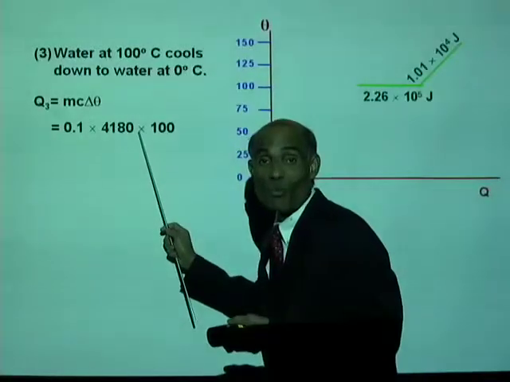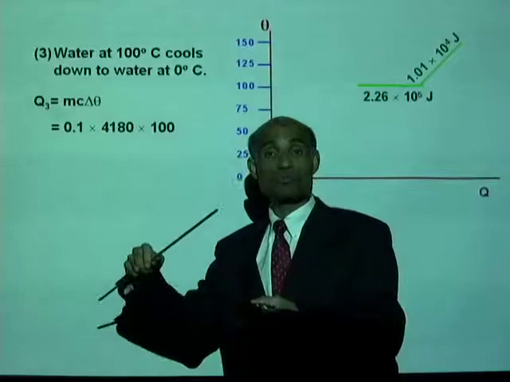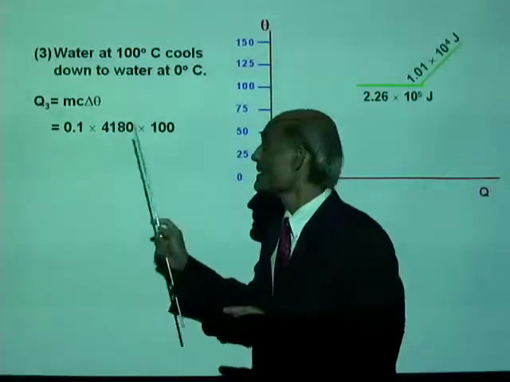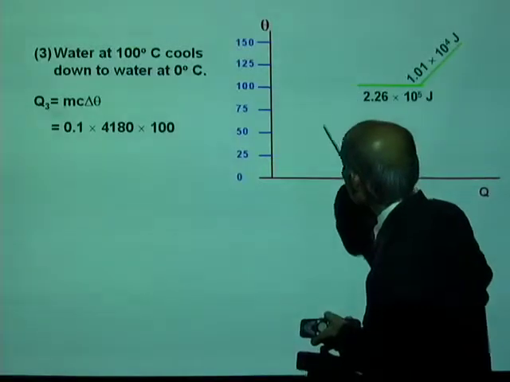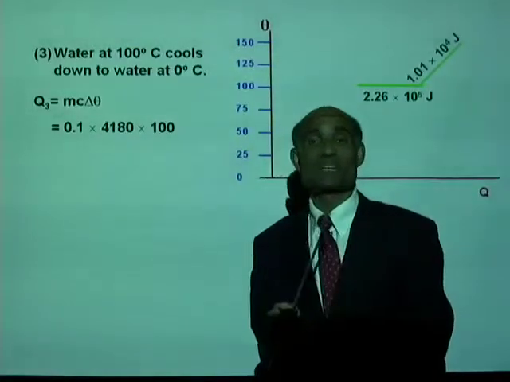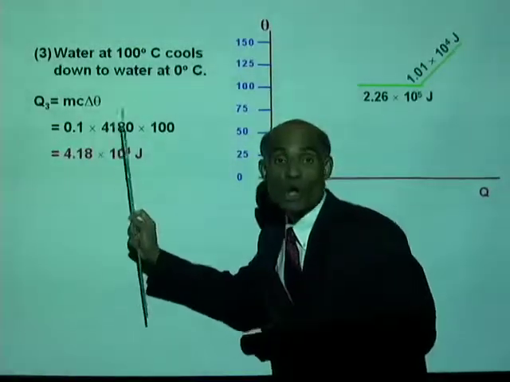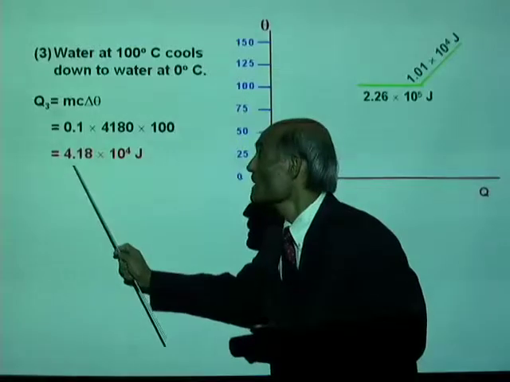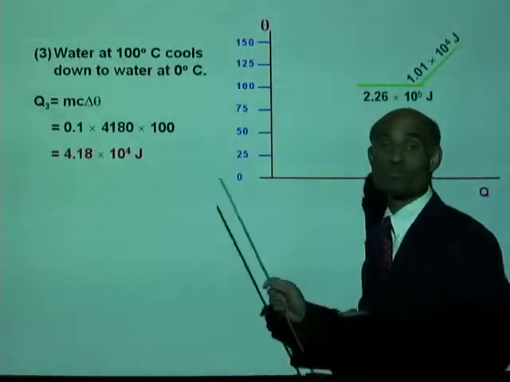Specific heat of water is 4180 joules per kilogram per Kelvin. And the change in temperature from 100 degrees, it falls to 0 degrees. The change in temperature is 100 Kelvin. So the amount of heat lost during that state is 4.18 times 10 to the 4 joules.